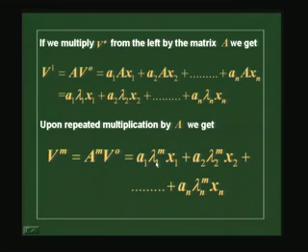But we said lambda 1 is the largest eigenvalue, and in that case lambda 2 by lambda 1 is a number which is smaller than 1, and lambda 2 by lambda 1 to the power m is almost 0, right. Any number which is less than 1 to the power m, which is a large integer, is 0, right.